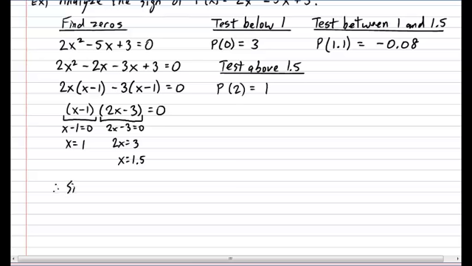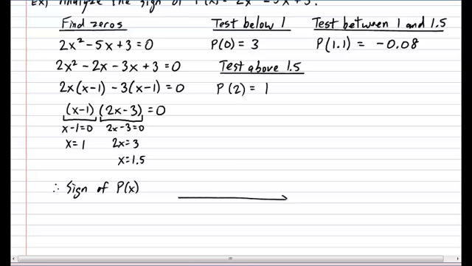Therefore, the sign of p of x, I'm going to draw my number line, put both of my solutions down when it equals 0, put the funny V symbol, fill it in with a 0.